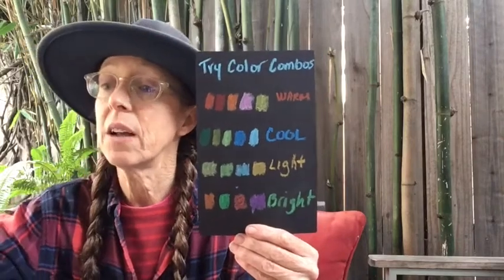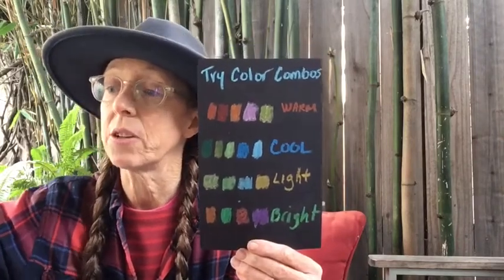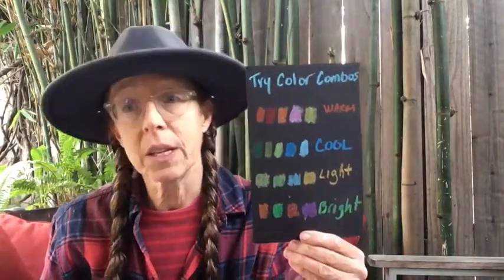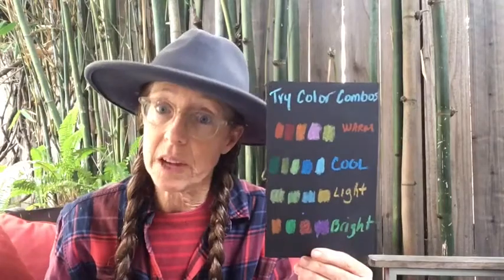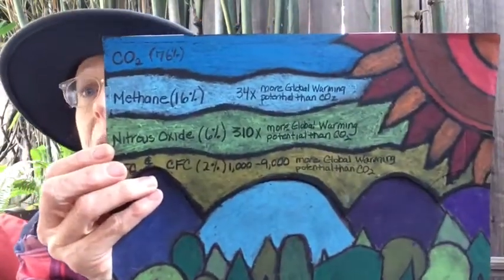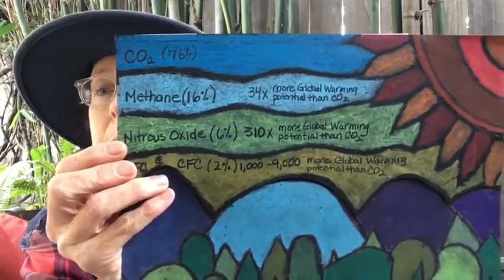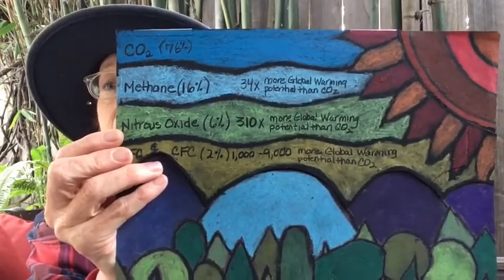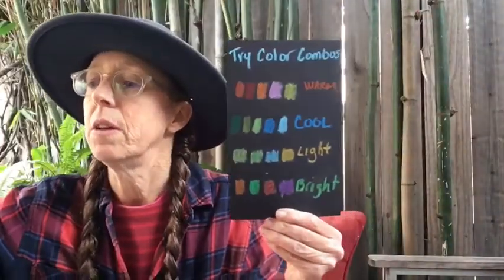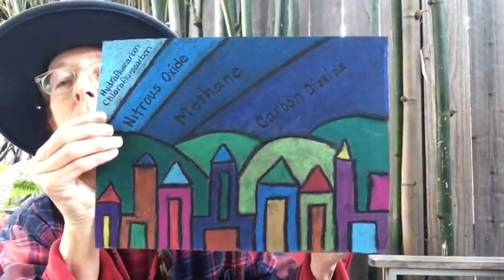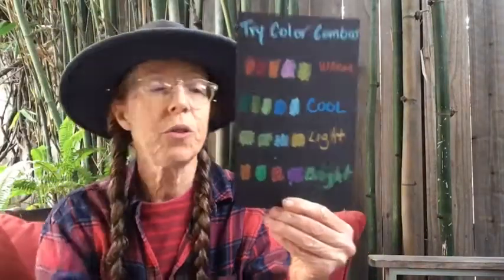Now, light colors in the sky is a really good plan actually, because I highly recommend that you consider only a palette of light colors for the sky, because when you write with your color pencil, the black that's in the background shows up better. The writing shows up better if you use lighter colors, versus you can see here that carbon dioxide section, those words don't show up quite as well as they did on the lighter colors, but it's up to you. Or you can do all brights.